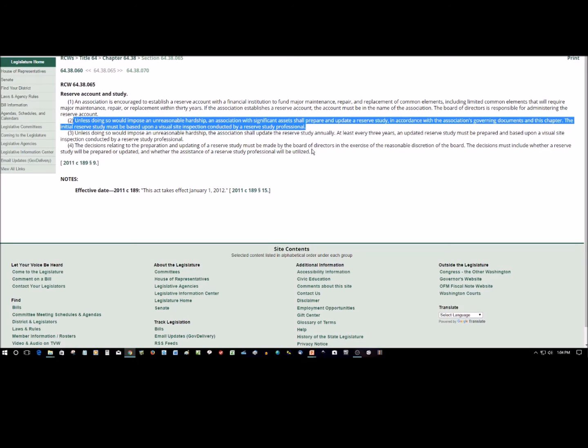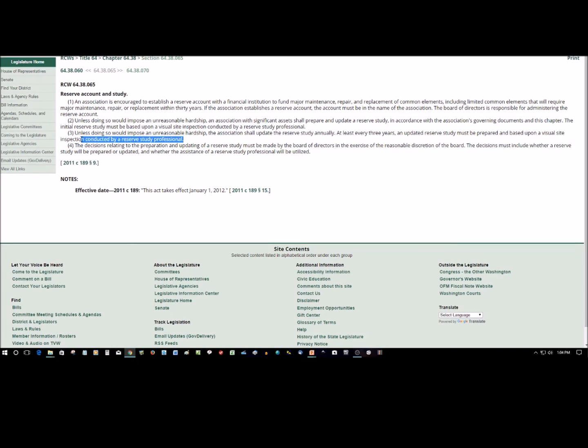The initial reserve study must be based on a visual site inspection and conducted by a reserve study professional. Then number 3, again, unless doing so would impose an unreasonable hardship, the association shall update the reserve study annually. At least every 3 years, an updated reserve study must be prepared and based on a visual site inspection conducted by a reserve study professional.